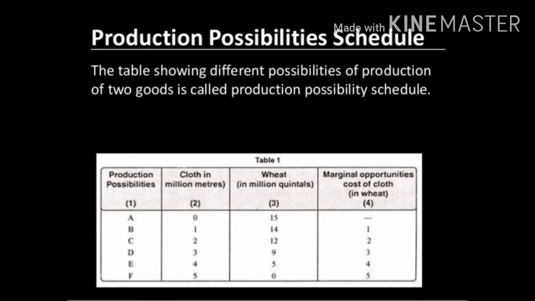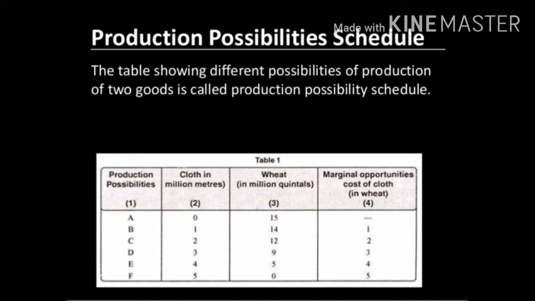Now let's see how to derive marginal opportunity cost of cloth. Opportunity cost means it is the cost of best alternative forgone. Here, since there are two products, if we want to produce one product, we have to sacrifice the other one. That is the meaning of opportunity cost. Suppose if we want to produce cloth, which one we have to sacrifice?